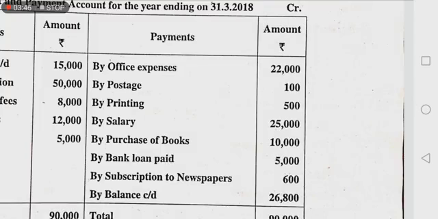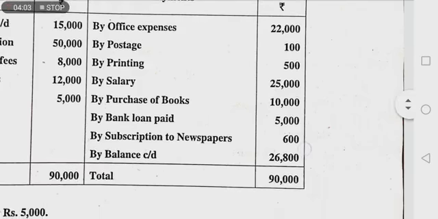Whenever the educational institution purchases books for the institution, it will become an asset. And bank loan paid, loan is a kind of liability, this is repayment of the liability. So it also comes under the balance sheet, not under the income and expenditure account. And subscription to newspaper, the monthly payment made to the newspaper agency.